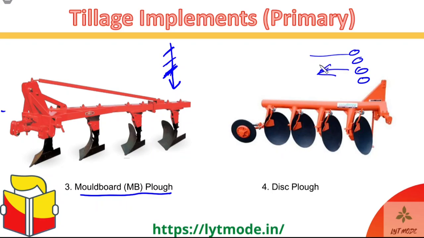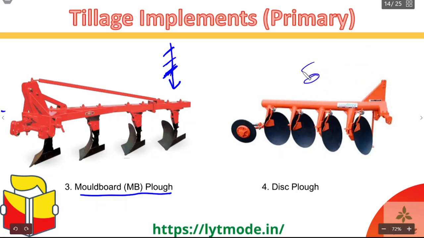Okay, then what is the difference between a disc harrow and a disc plow? A disc plow is basically moving not in this direction but in this direction. I mean, not exactly this, but it's slightly tilted. So you can say that the wheels would be tilted like this, just like the MB plow. They are also tilted like this, and then they move in this direction.